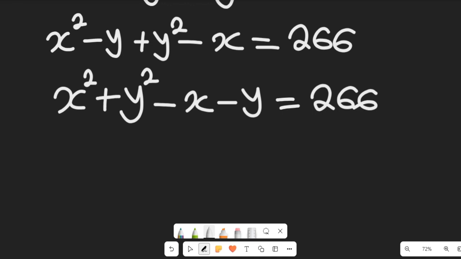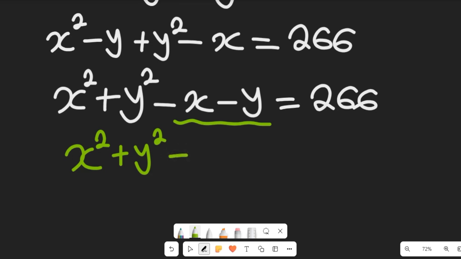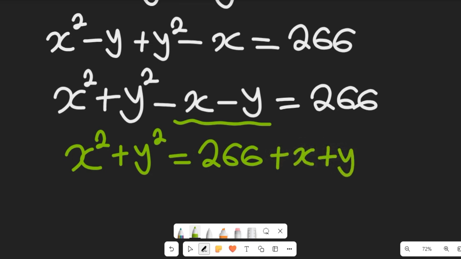Now let's take these two terms over to the other side. We are going to have x squared plus y squared equal to 266 plus x plus y.